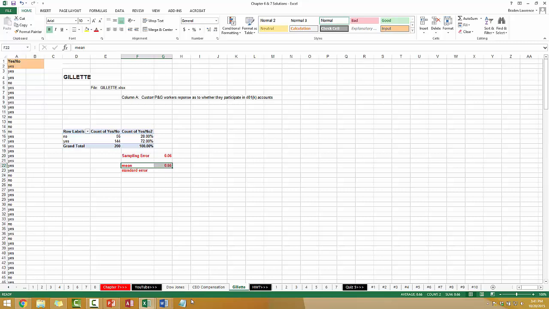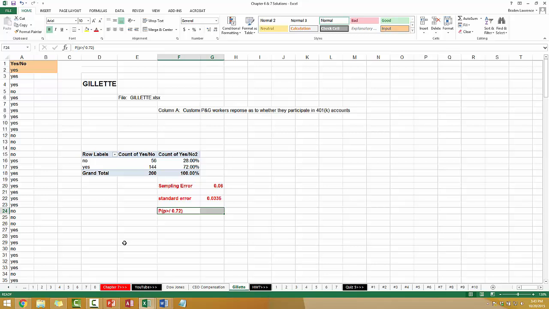So we know the proportion obtained in Part A was 0.72, and the population proportion is 0.66. So now we need to determine the standard error given by sigma sub p-bar. So we see the standard error is 0.0335 in this case. So now we need to determine the probability of p-bar being greater than or equal to 0.72.